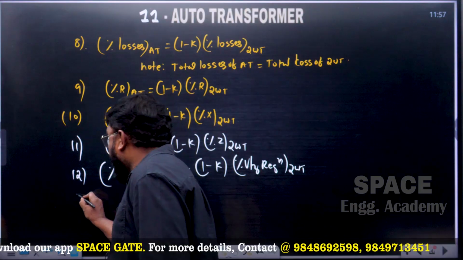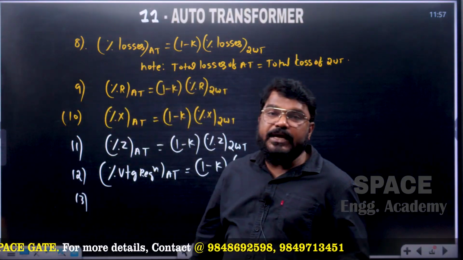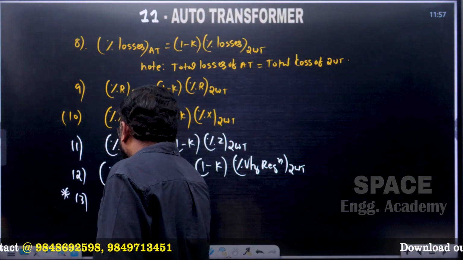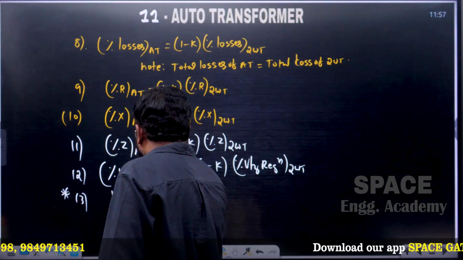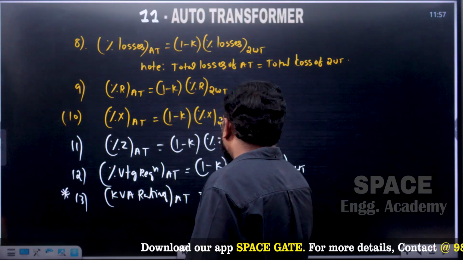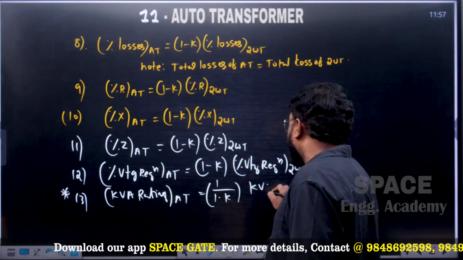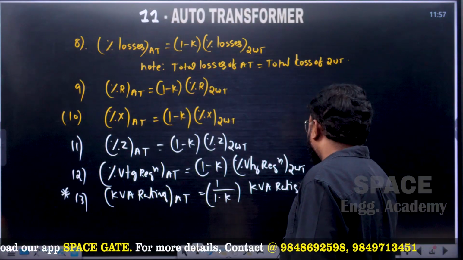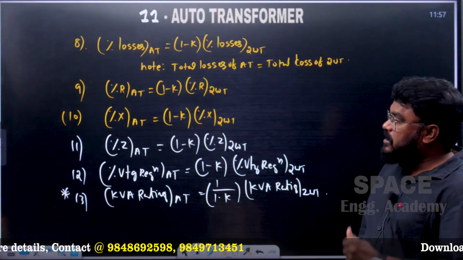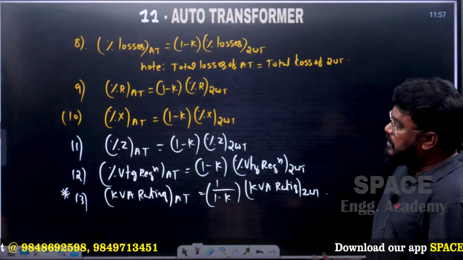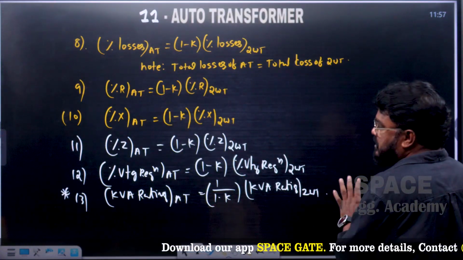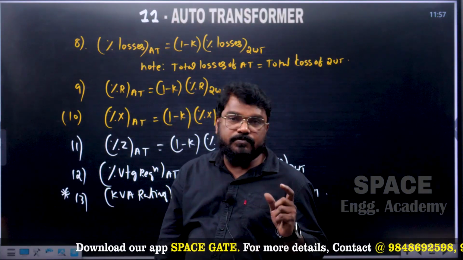And one more important point, the 13th one, the KVA rating of auto transformer, very important one: the KVA rating of auto transformer is equal to 1 by 1 minus k times the KVA rating of two winding transformer. So this type of the question. So percentage impedance, percentage reactance, percentage losses, voltage regulation and KVA rating. So these are all conclusions from auto transformer point of view.